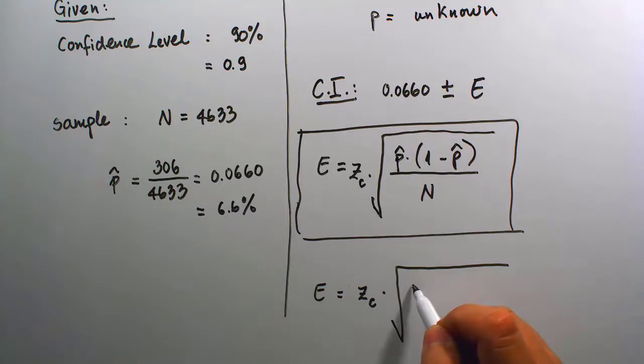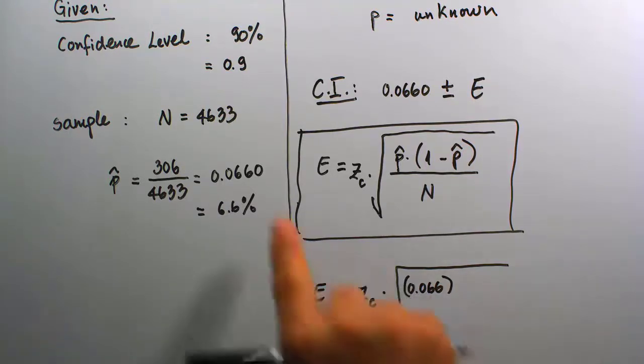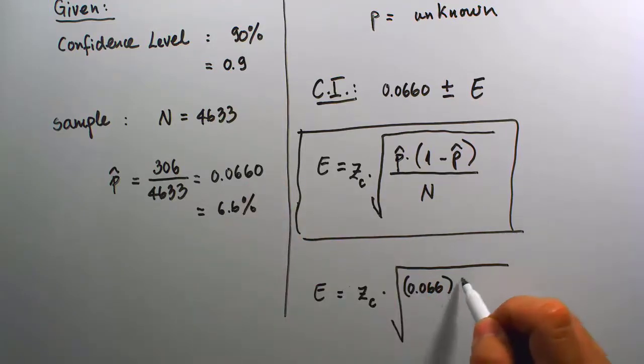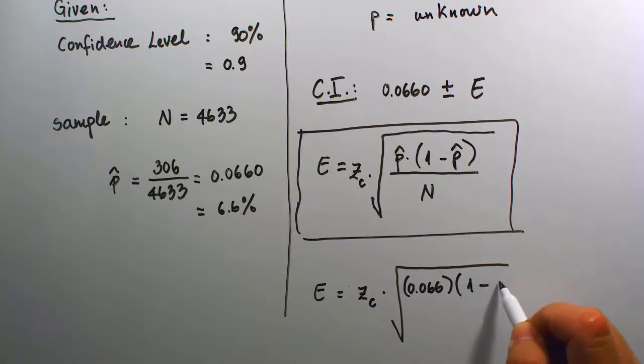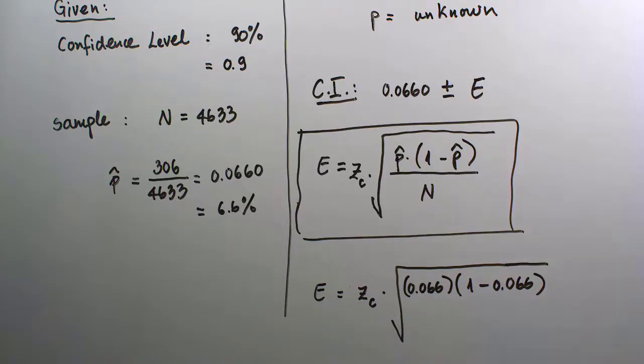So what we're looking at here is 0.066, and I don't think we need to write that ending 0 there in the fourth decimal, multiply with 1 minus 0.066, and we are dividing by our sample size being 4633. And so all of a sudden we realize that we've had a lot ready for this formula already. So the only mysterious thing that's waiting for us right now is this value of the z sub c.